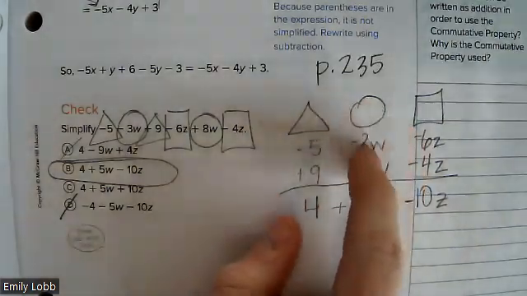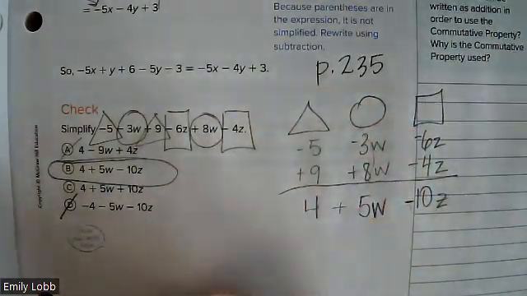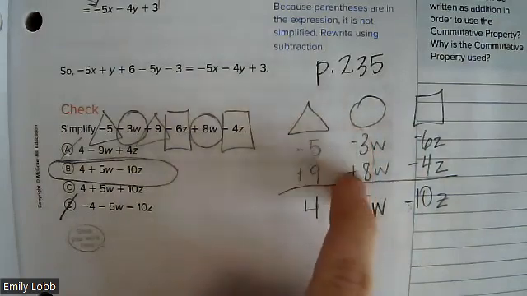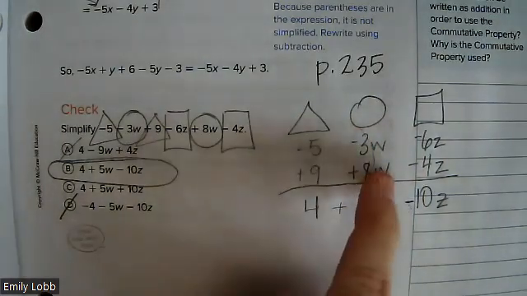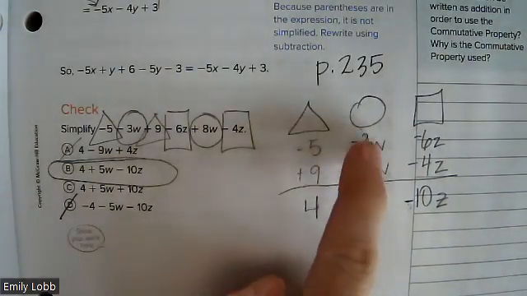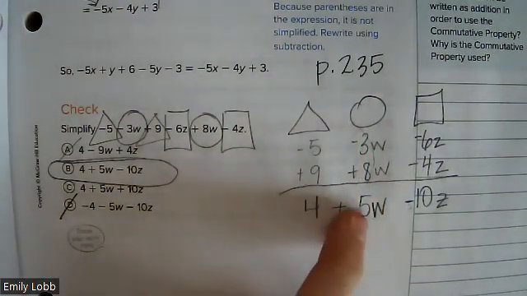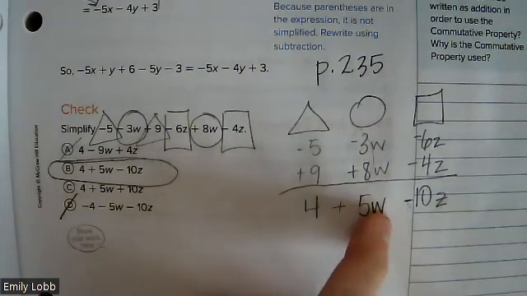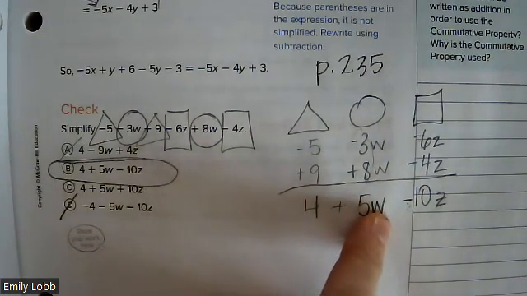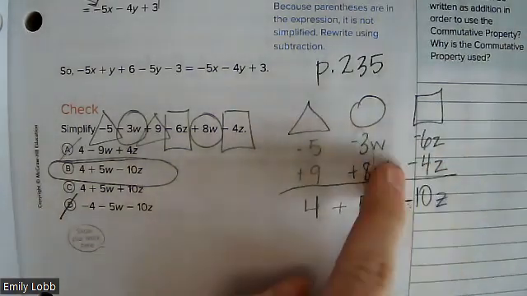When we're combining terms with a variable, we're thinking about combining their coefficients. Since they both have a factor of w, we can combine them. So we said 8 minus 3 is 5, but we had to remember that it was being multiplied by that w. Same thing for our z terms.